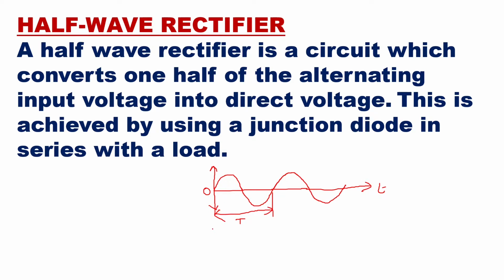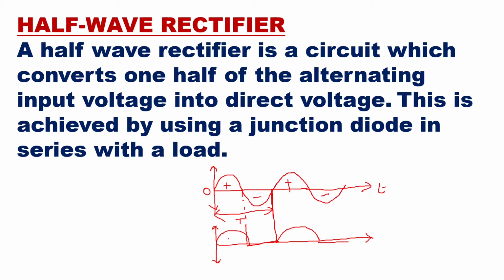Whenever the input is a positive half cycle, the diode will conduct, it will be in forward bias, and the current flows through the diode and you will get an output like this. When the input is a negative half cycle, there is no output. Again, when the input is a positive half cycle, there will be output, and when the input is a negative half cycle, there is no output.